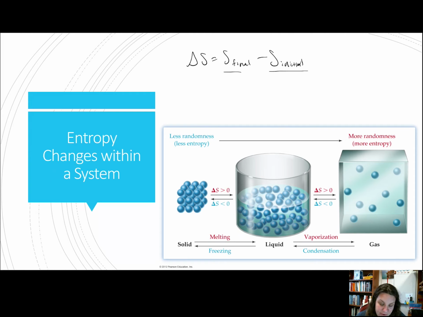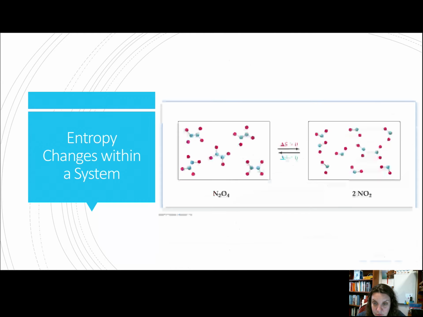That can be fairly clearly seen when we're going from solid to liquid to gas. As we add energy in, we add a lot of movement, and that movement can lead to randomness and disorder. We can also see that when we go from fewer gas molecules to more gas molecules, so going from N2O4 to 2NO2, we increase our number of gas particles.